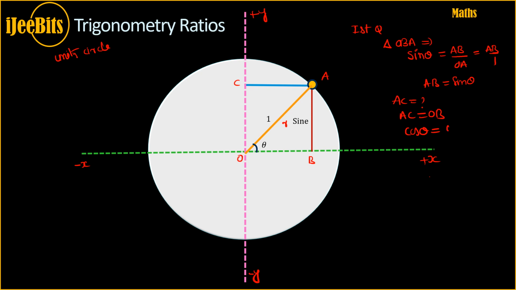Adjacent OB divided by hypotenuse OA, which is nothing but 1. So OB has the value cos theta. So this is cos theta, and this one is also cos theta. This is sin theta, and then OC is also sin theta in length, right?